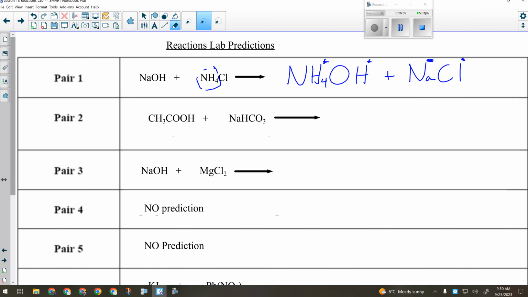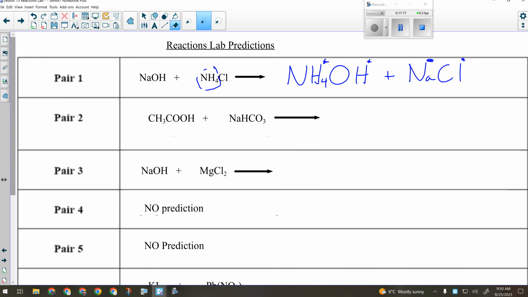You do not need to predict pair 4 or pair 5 because they involve phenolphthalein, which is an indicator, and those reactions are beyond what we do in Science 10. So we won't have to do 4 or 5, and you will also not have to write pair 4 or pair 5 in your analysis.